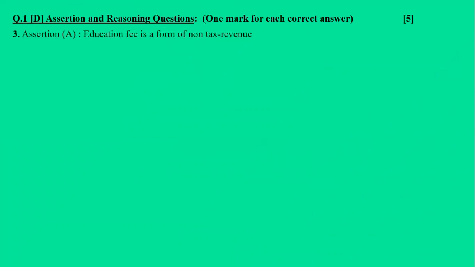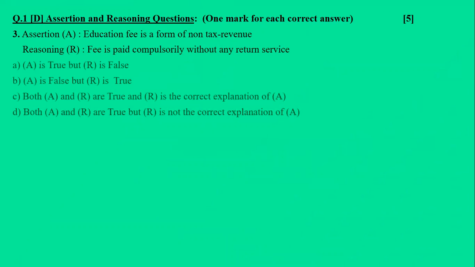Now, the third question. See the assertion: education fee is a form of non-tax revenue. And reasoning: fee is paid compulsorily without any return service. See the options. A, A is true, but R is false. B, A is false, but R is true.